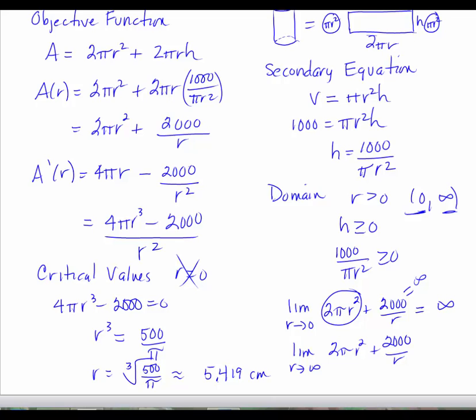The second limit is the limit as r approaches infinity, in which case the second term will go to 0 and the first term will approach infinity. And so our end behavior as we go to 0 and infinity is infinity. So we do in fact have an absolute min that occurs at the cube root of 500 over pi.